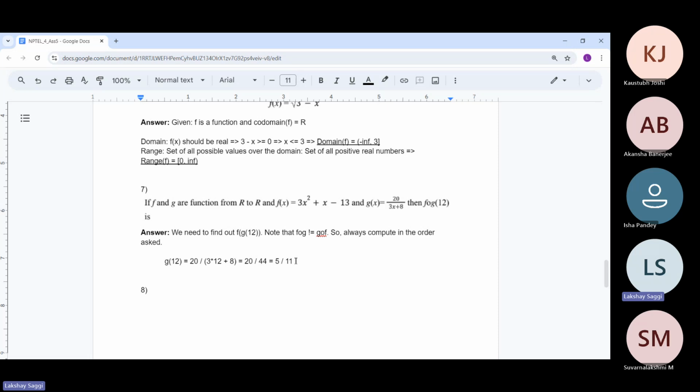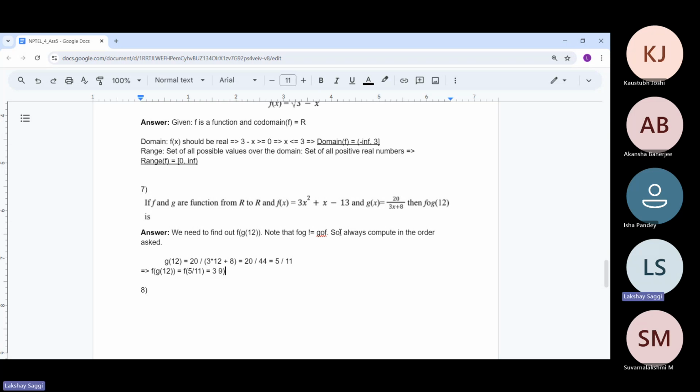But what we actually need to find out is f of g of 12, right? What will this be equal to? We know that g of 12 is 5 by 11, so we just replace g of 12 by 5 by 11. This will be f of 5 by 11, and we put 5 by 11 in the function 3x squared plus x minus 13.